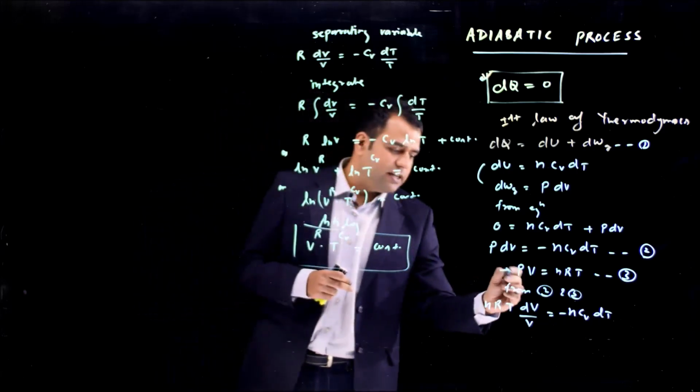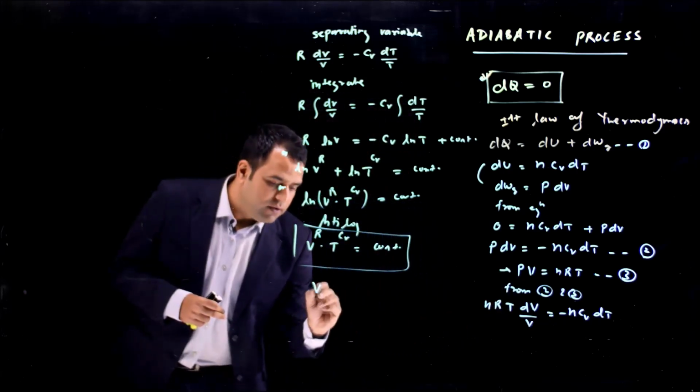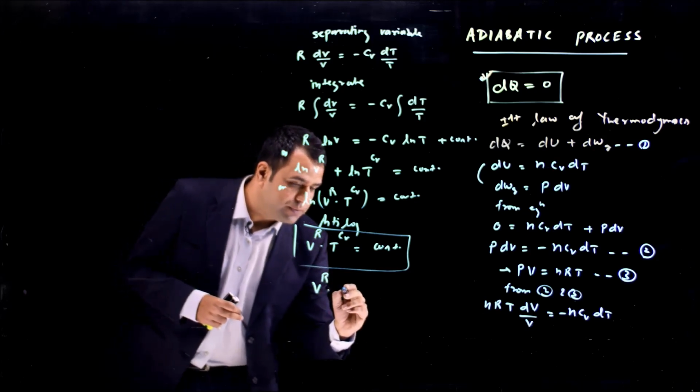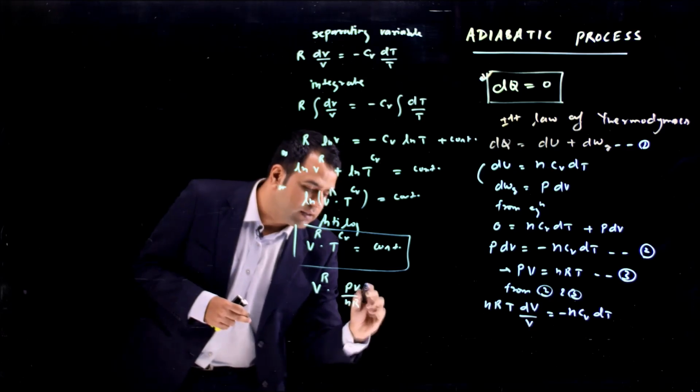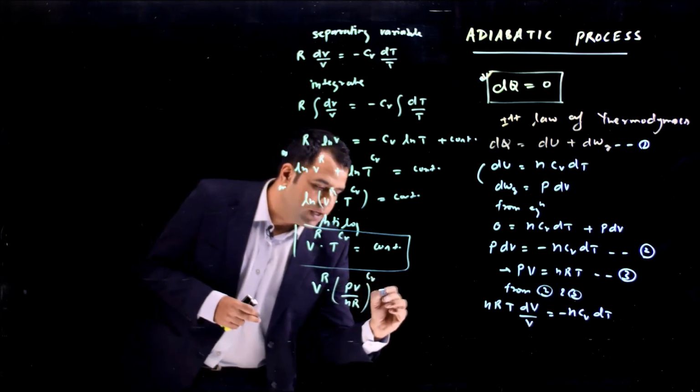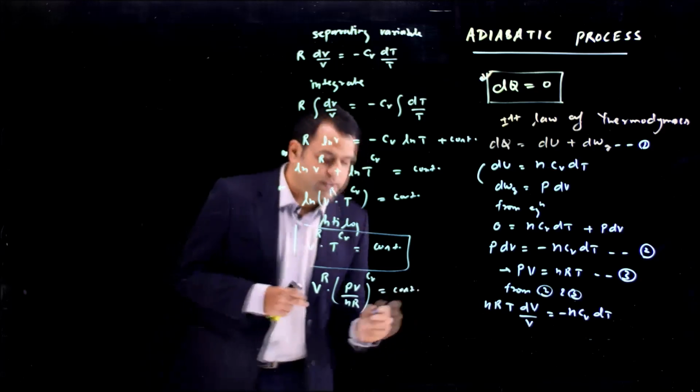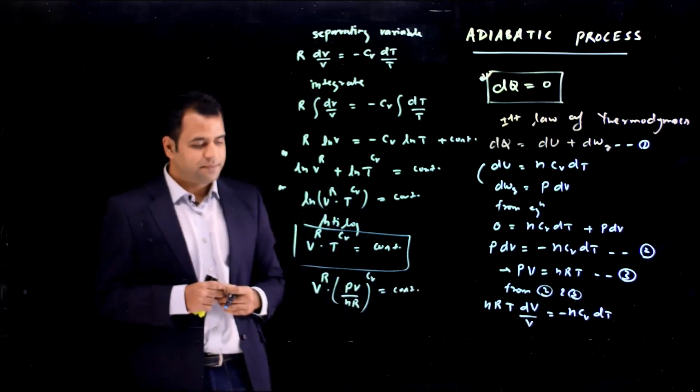To get that equation, we have to replace this T. So we have v to the power r into, in place of T we can write PV upon nR, to the power Cv is equal to constant. Let's open it.